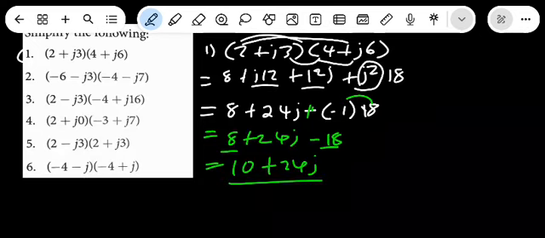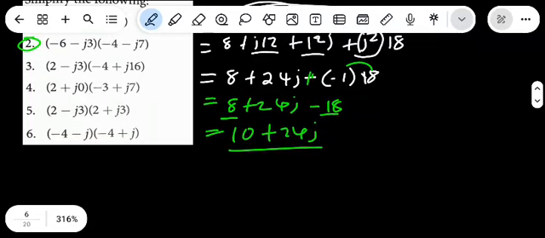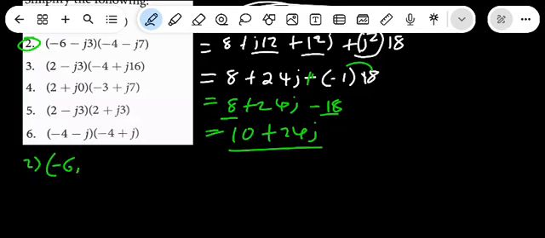Number 2, we've been given to multiply negative 6 minus j3 times negative 4 minus j7. We multiply.